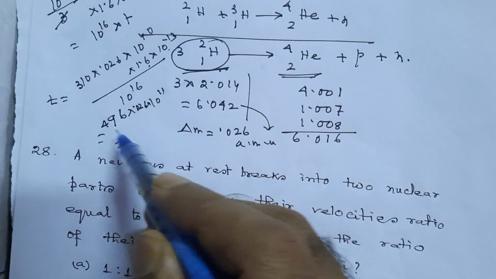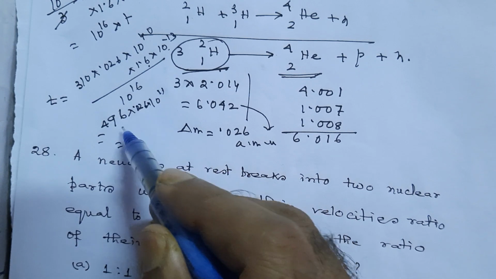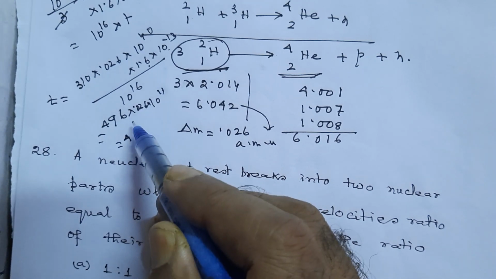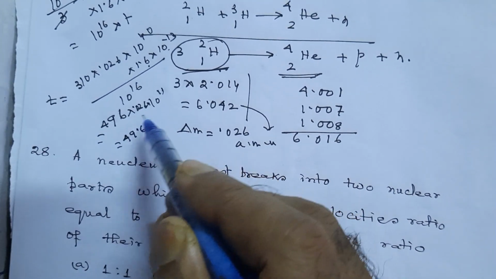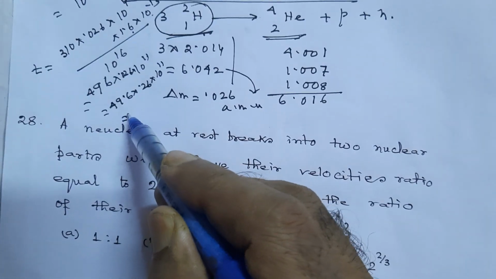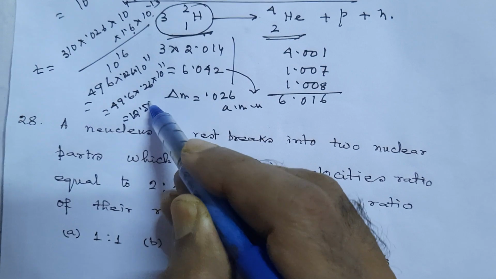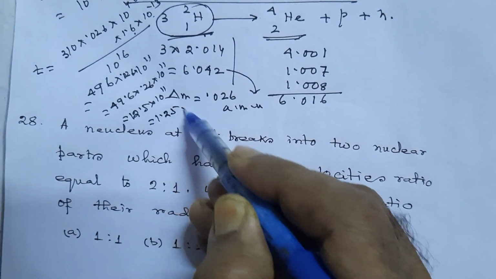That is nearly 12.5 into 10 to the power 11, that is 1.25 into 10 to the power 12.